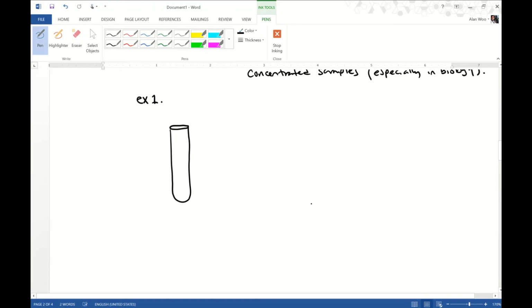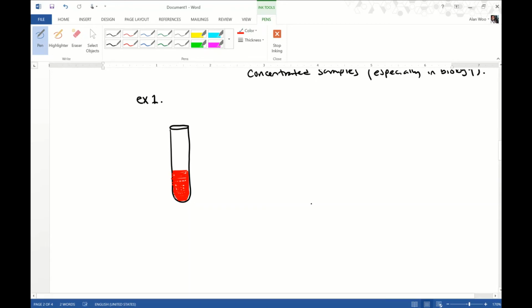Okay, so again, I'm just going to use some color here. Let's use red this time, and I'm going to make this a very dark color. Okay, it's a very concentrated sample. Kind of looks like blood, and I guess you could actually dilute blood in this way too. Okay, but I'm not going to call it blood.